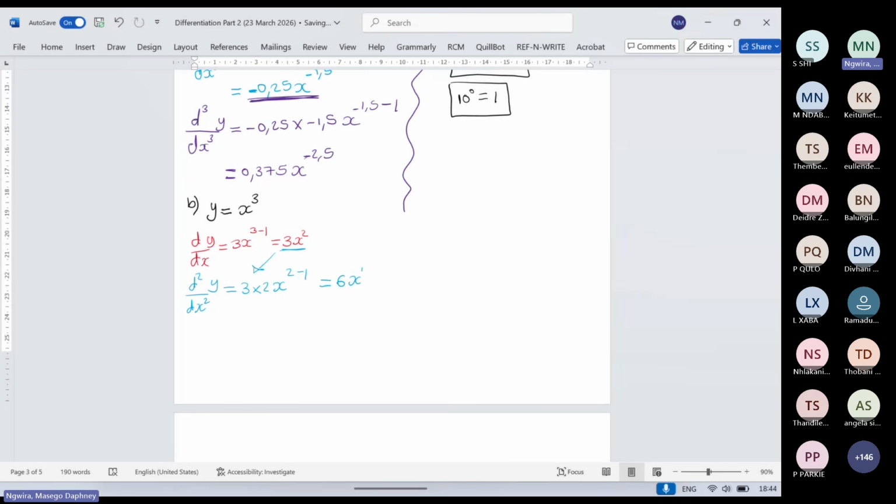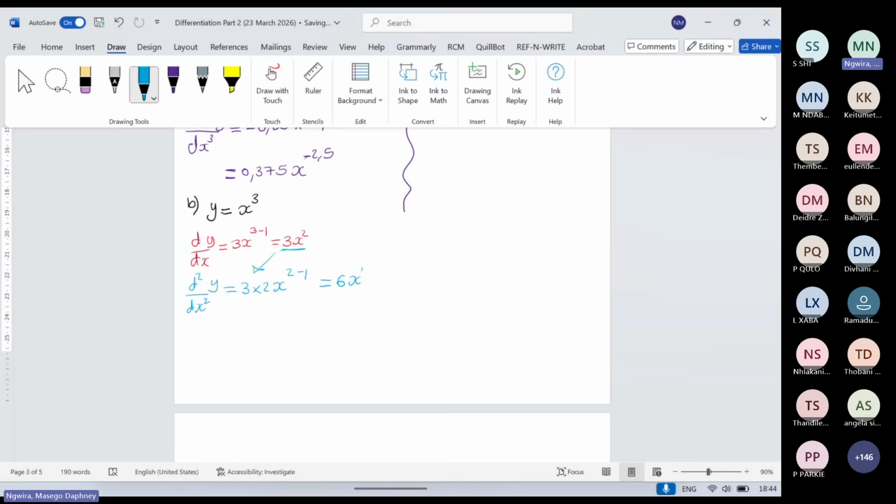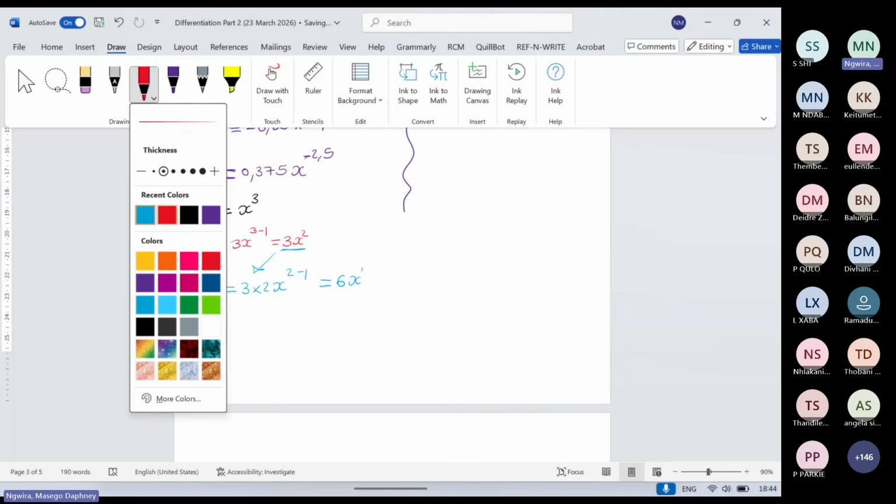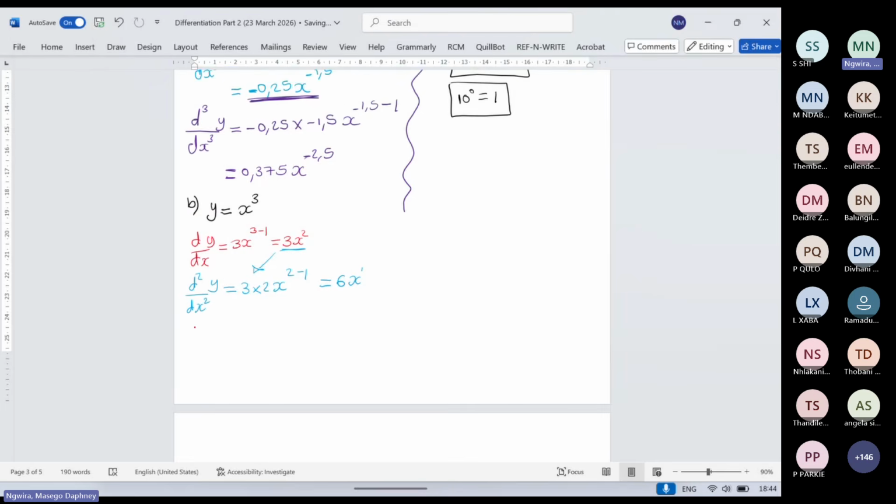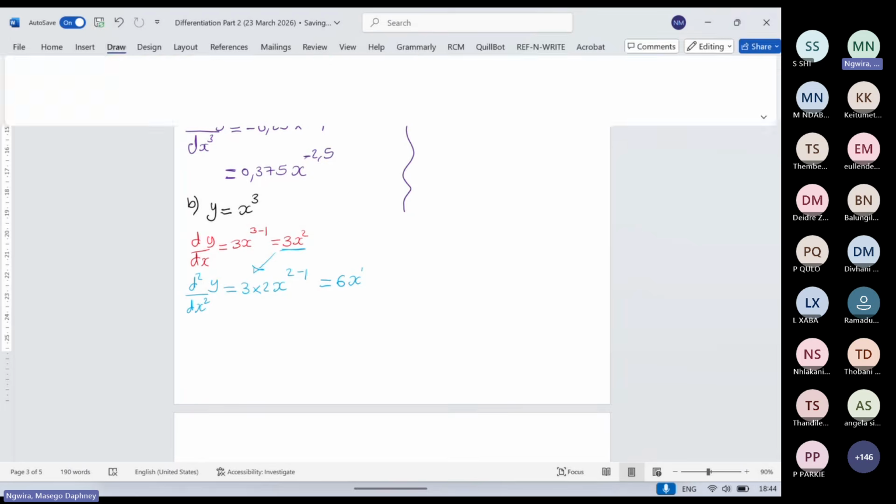And now we derive for the third time. So it's going to be d cubed over dx cubed of y. Sorry, let me use the paper one just for consistency.